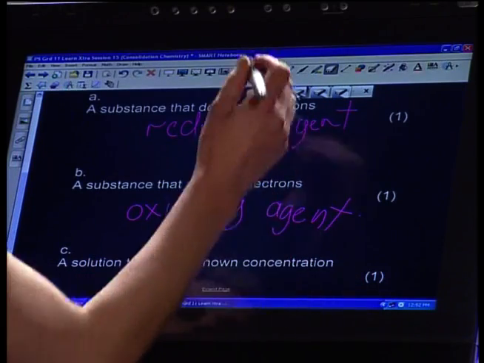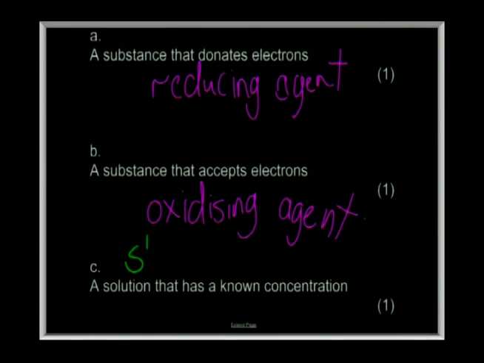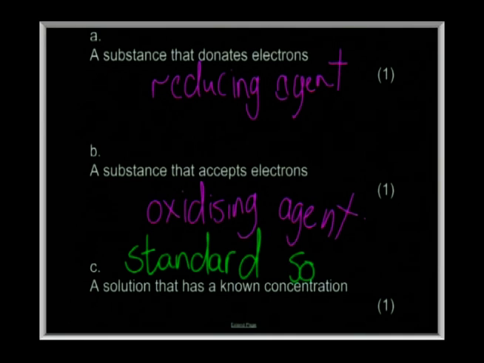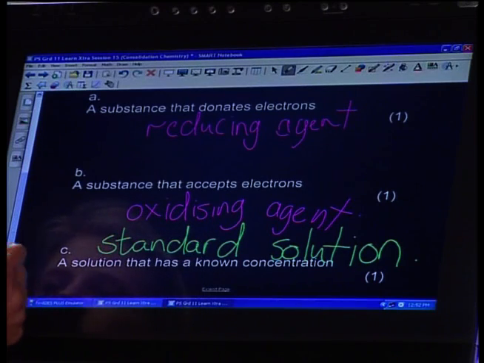But a solution of known concentration is called a standard solution. Standard solution. Right, so quick one-word answers to those descriptions. Let's move on to question 1.5.